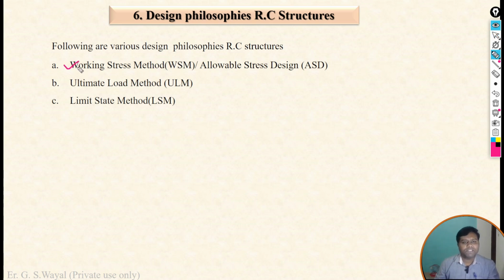Here we have some methods: the working stress method, also called the allowable stress method, then the ultimate load method, and the limit state method. These are the methods we are going to cover in this video, and then we will proceed to how to design a member using all these methods, and which method is important for which structures. That we will discuss in the upcoming few videos.